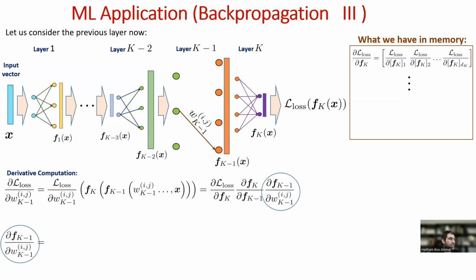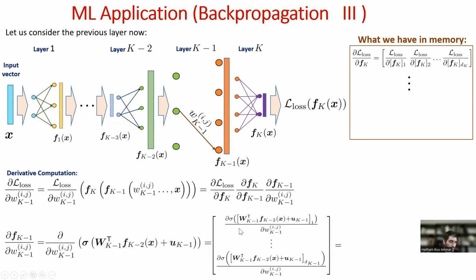Applying the same strategy that we applied when we computed the derivative of fk with respect to w_ij, we can immediately write this expression for this derivative, where we use the implicit form of the k-1 output with respect to the k-2 output of the k-2 layer.